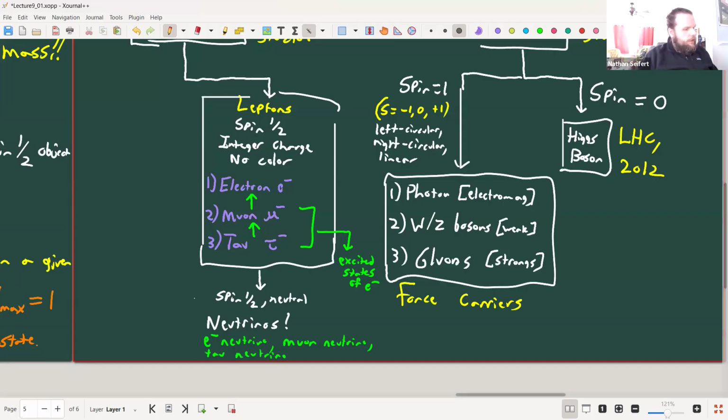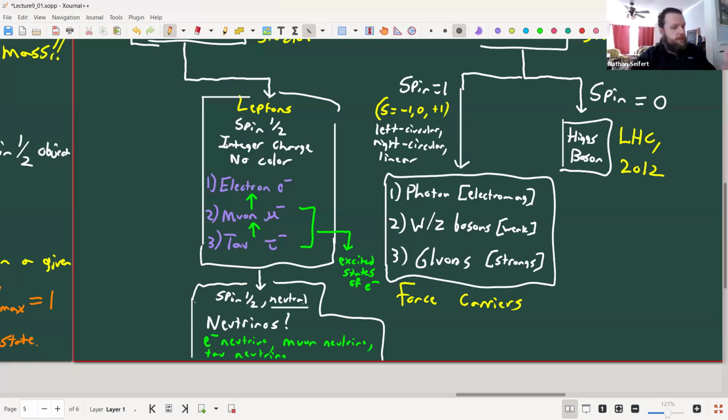So they're named after their massive partners, their charged friends. They're very rarely seen, but there's tons of them. They're ubiquitous. But likely very, very small mass. It's very hard to see them, but people can find them.